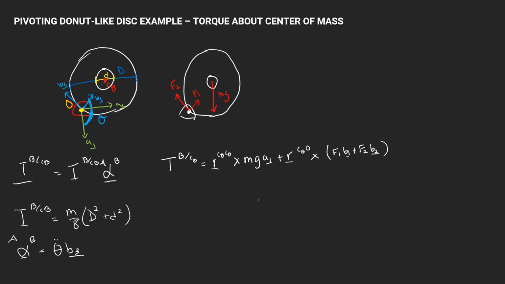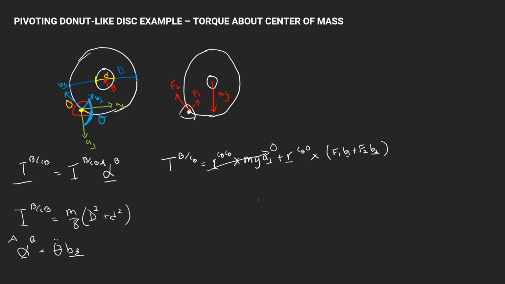Now, I'm doing this for completeness, but it should be quite obvious that the first term is going to go to 0. Applying a force at the point at which you're taking the torque about does not result in a torque, so that goes to 0.